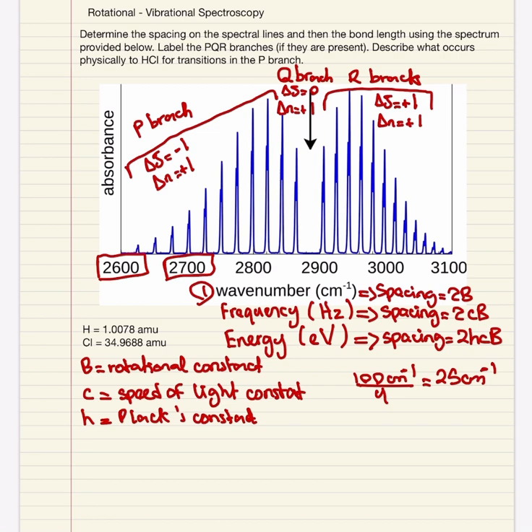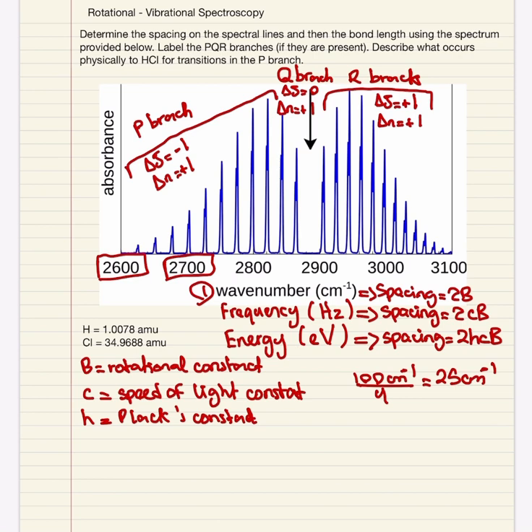So the spacing in wave number is 25 centimeter inverse. However, it is very, very important to remember that the units are centimeter inverse. When we plug it into the formula, it must be in meter inverse, not centimeter inverse.